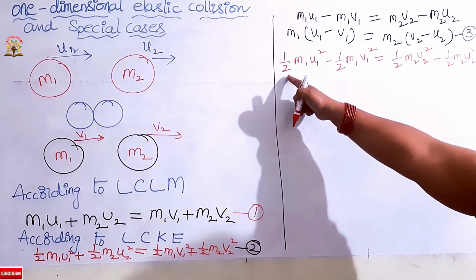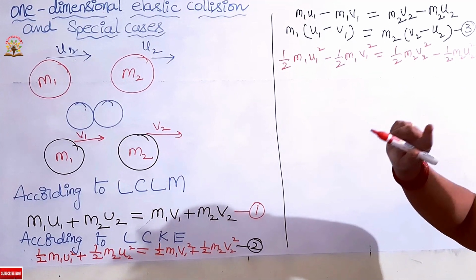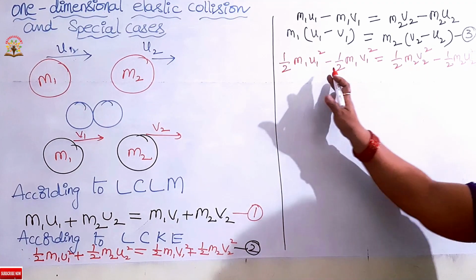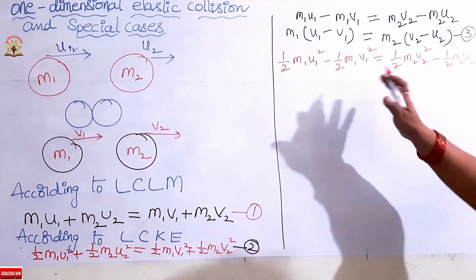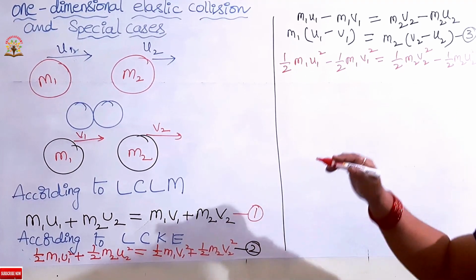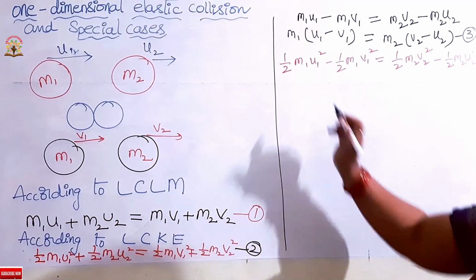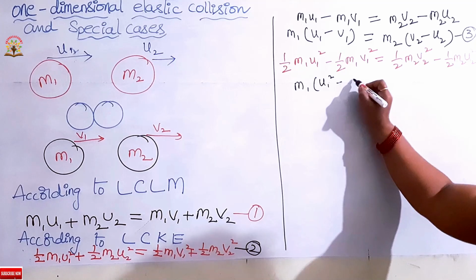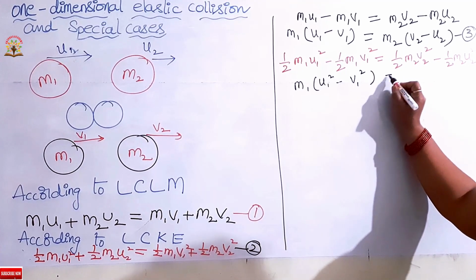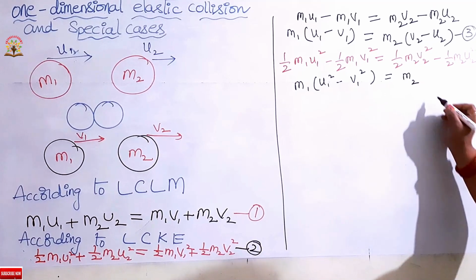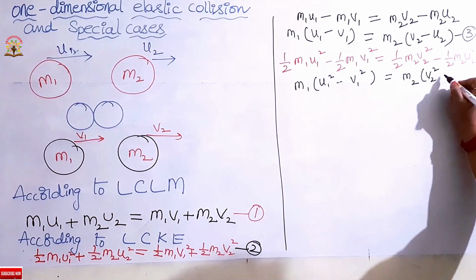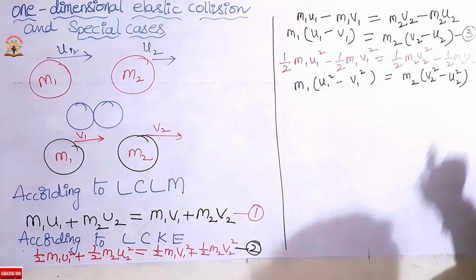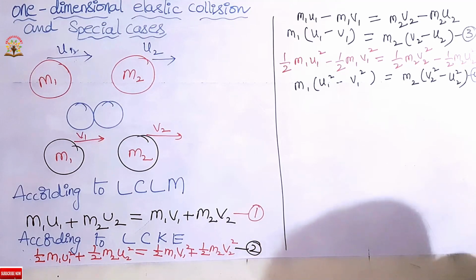Here half we can take as common, and on the entire LHS and RHS we cancel half. The remaining equation is m1 of u1 square minus v1 square is equal to m2 of v2 square minus u2 square. Consider this equation as 4.